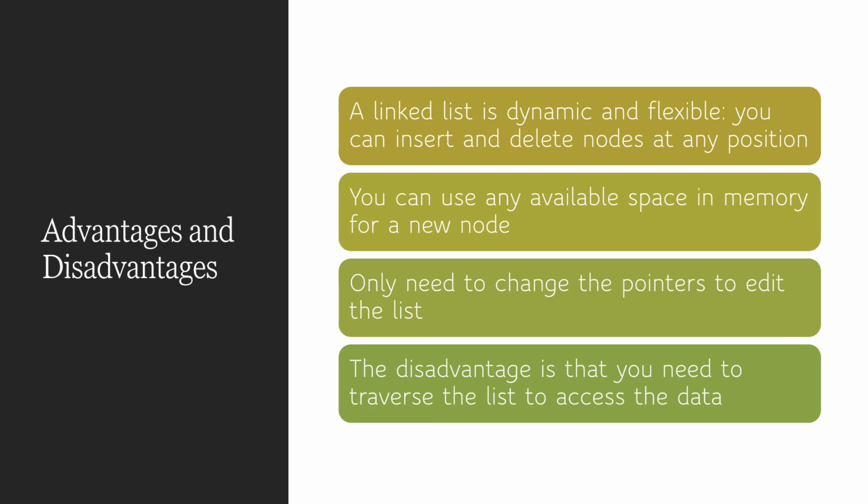You only need to change the pointers. So a linked list is a great data structure in many ways. It does have one disadvantage. Because it works using pointers, the computer has to follow the chain of pointers every time you want to do any actions, and so it can be a bit slow.